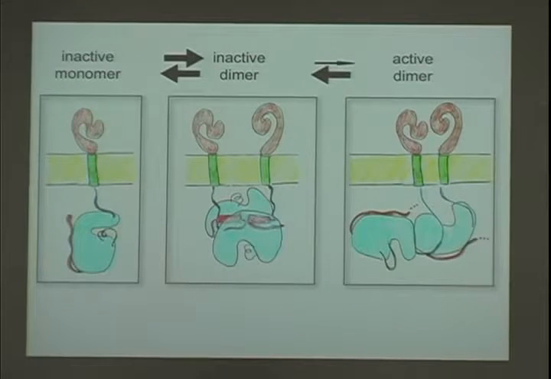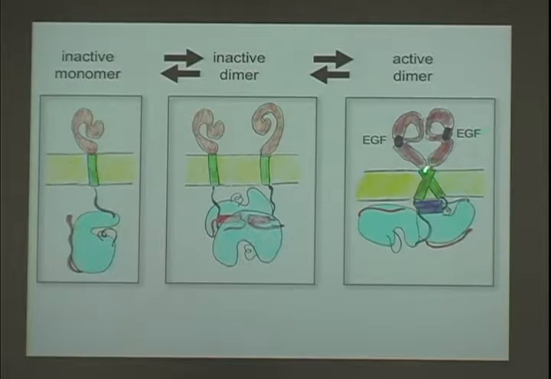So that leads to this idea that in the absence of EGF, you have inactive monomers that, we think, might form inactive dimers like this, but the active dimer is destabilized in some way because the helices can't get close together. And remember that the juxtamembrane A segment, which forms the alpha helices, is essential in our experiments for the dimerization. So if you hold them apart, the prediction is the dimerization will be impaired.